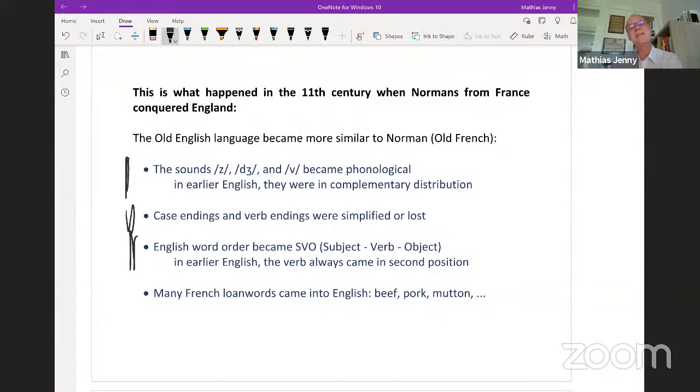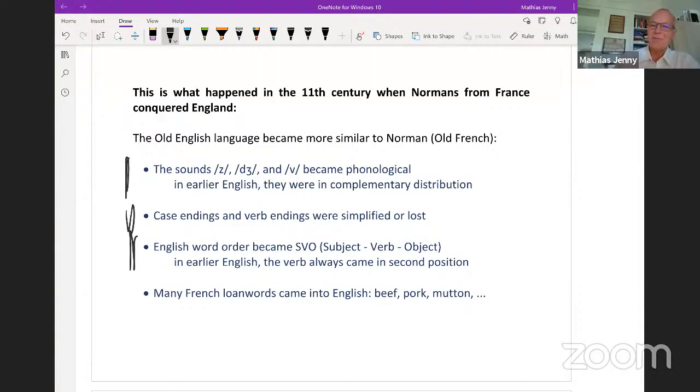French word order is pretty strict subject, verb, object. So I eat rice. This is what you have in English today. In English today, you also have the pretty strict word order, subject, verb, object, SVO.